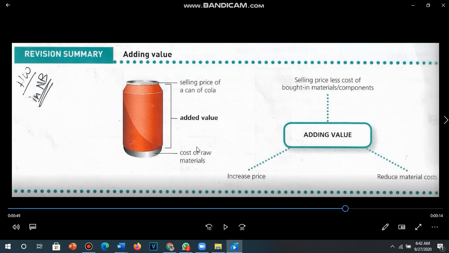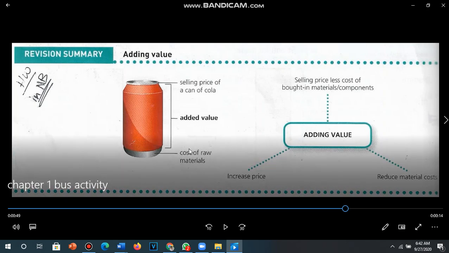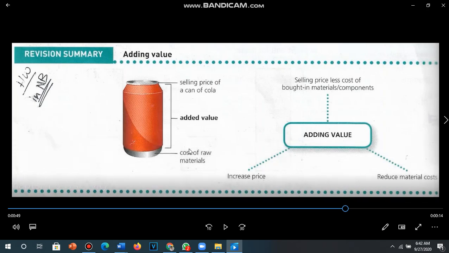If you have added up all the added value, you will then have to deduct payment for wages and any other big purchases or rent from the total added value, and then you will realize your profit.